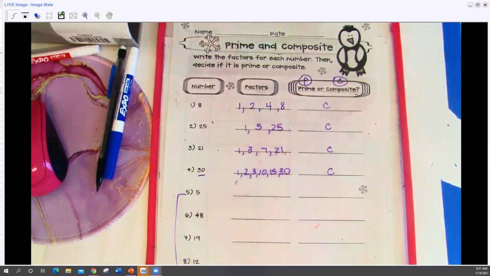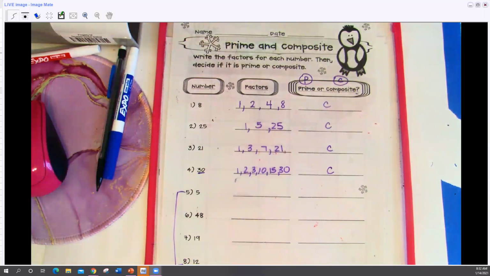Remember, composite has more than 2 factors. Composite has more letters than prime. It has more factors than a prime number. And then a prime number is a number whose only factors are 1 and itself. That's it.